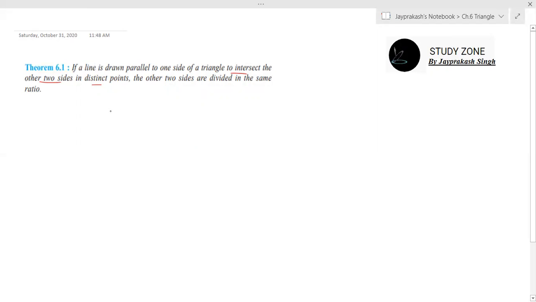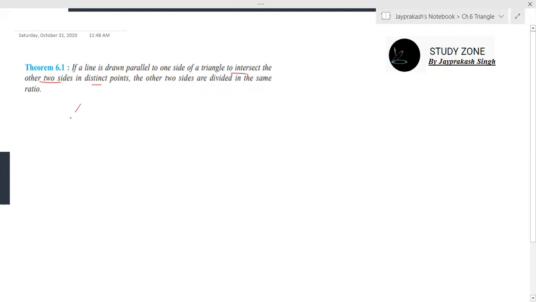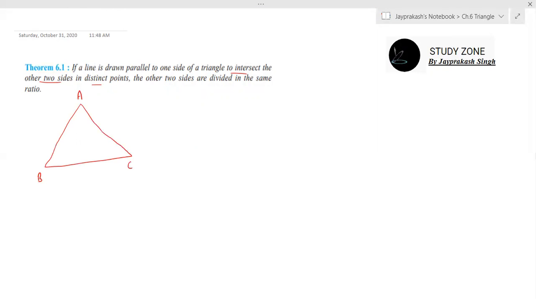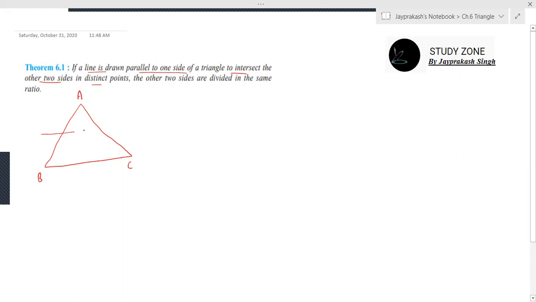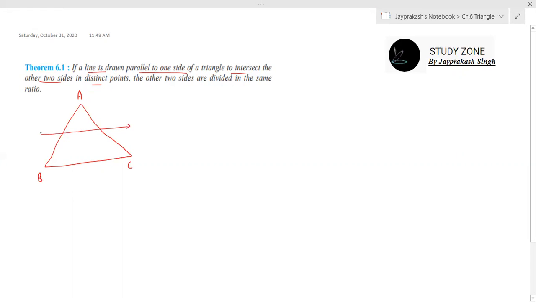So if a line is drawn parallel to one of the sides of the triangle, first we are making a triangle. So let this one be triangle ABC. And a line is drawn parallel to one side of the triangle. So we are drawing a line that is parallel to one side.